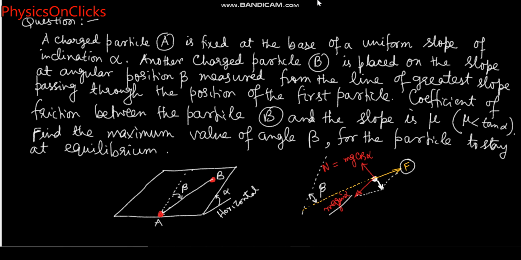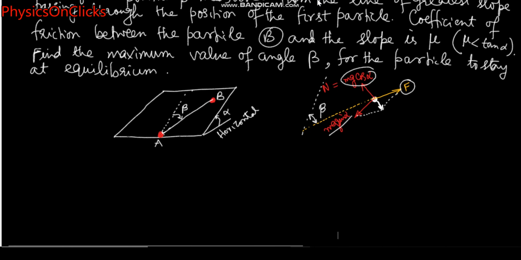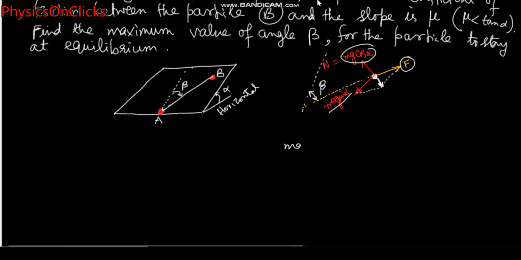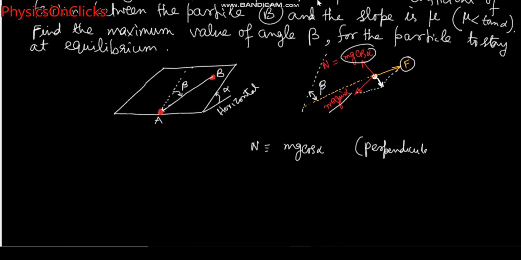Now, once the friction prevents, see all these forces. Mg cos alpha, which is the normal reaction, is perpendicular to the plane.